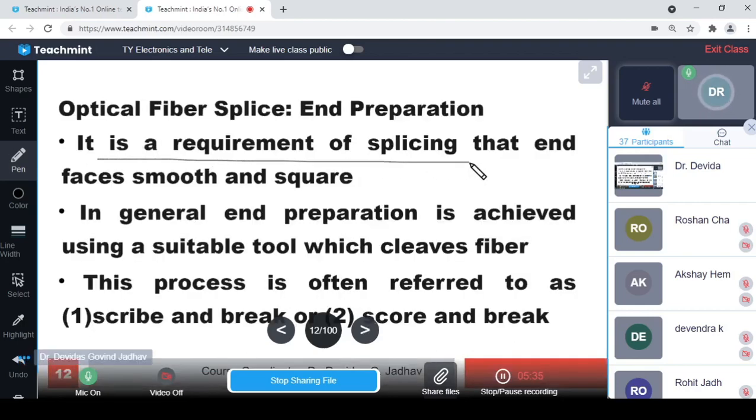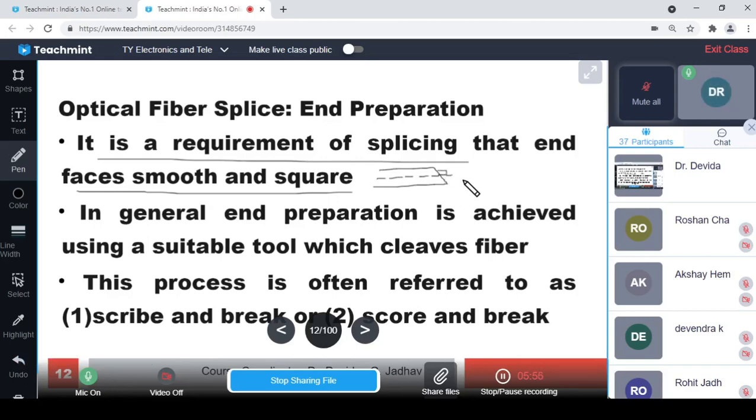The requirement of splicing is that end faces should be smooth and square. Square means perpendicular to the axis. So if this is the fiber cutting, this is not square; this is the axis, and the face is not perpendicular to the axis.